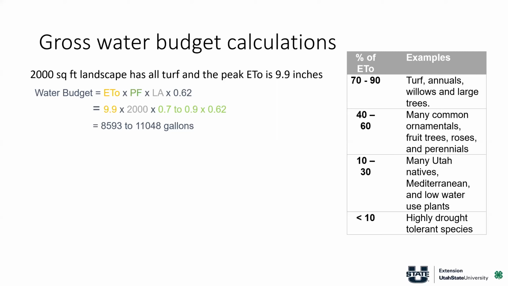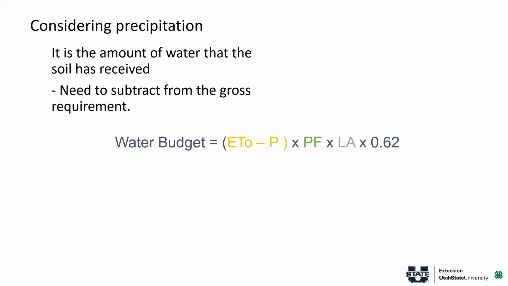We could use any number between these. And again, the plant factor is not rigid. It is like a range. So we get the water budget in a range. Or if we have 0.8, we will get a specific number here.